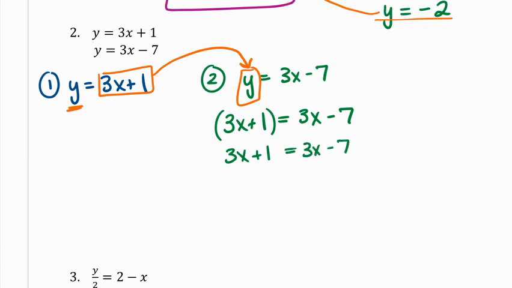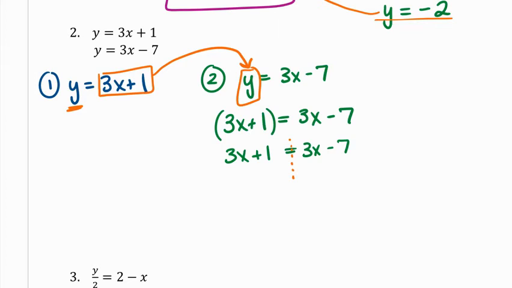If we were to graph this, it would intersect? Let's see. So what do I do next? I want to get the 3x's together, but notice this time the 3x's are on opposite sides of the equation, right? So I'm not just going to combine like terms this time.